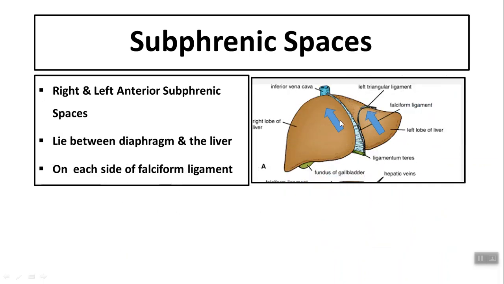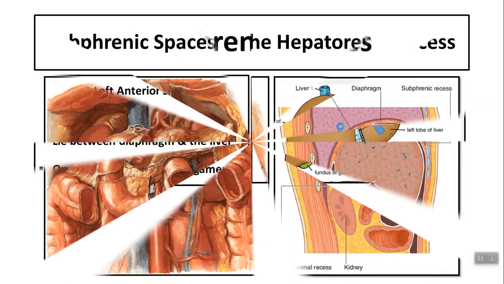These are the right and left anterior subphrenic spaces, situated between the diaphragm above and the liver below, each one on each side of the falciform ligament. So the falciform ligament is in between the right and left anterior subphrenic space.